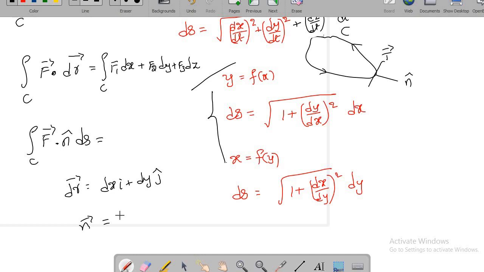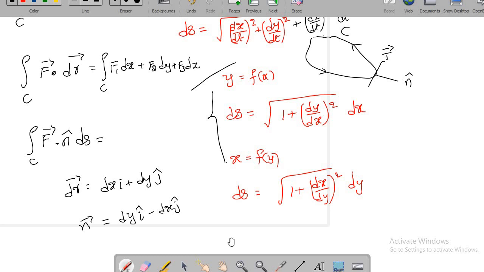So it is enough to write a vector which is perpendicular to dr. That is nothing but dyi minus dxj. You can see that n bar and dr bar are both perpendicular. So in place of n cap, you write this vector, take the dot product, and then evaluate that integral.